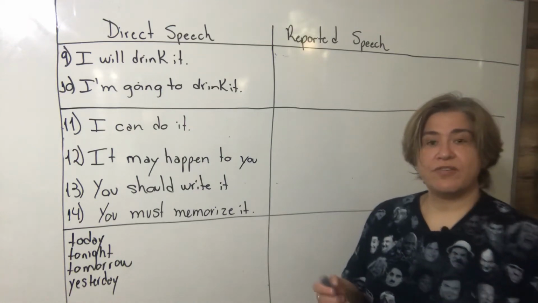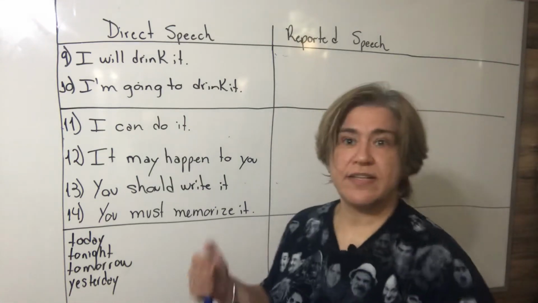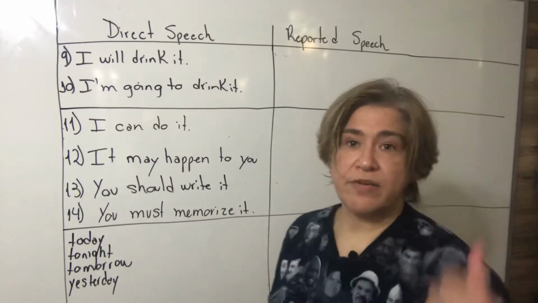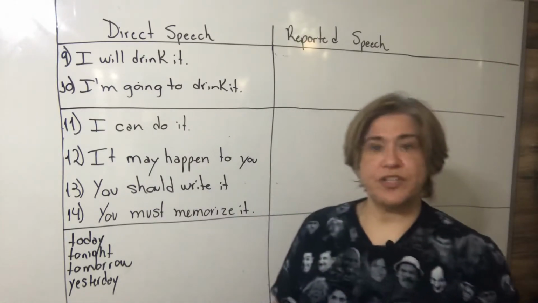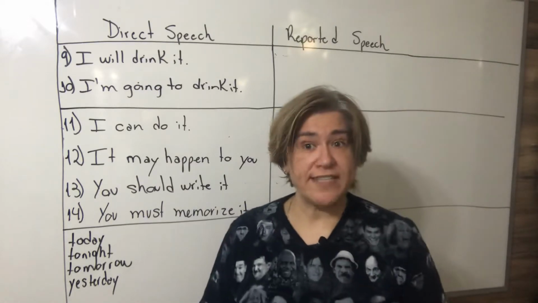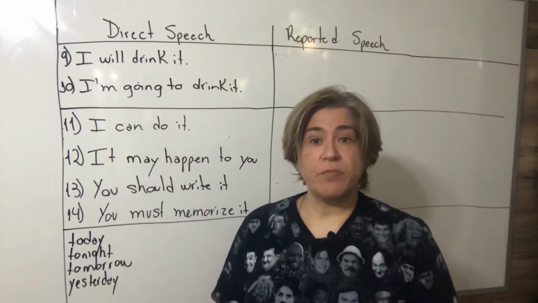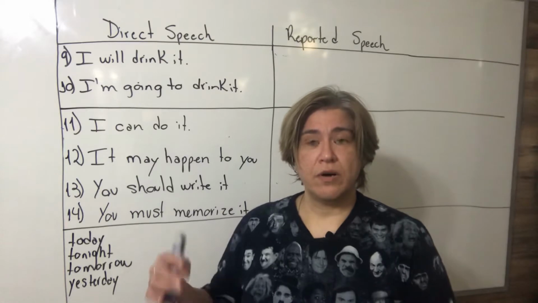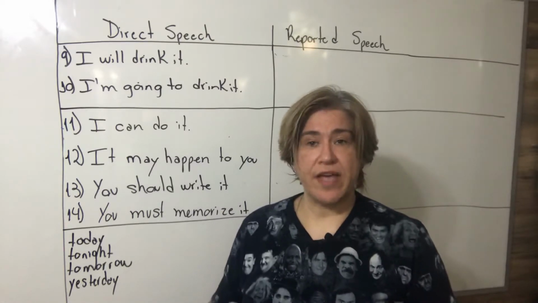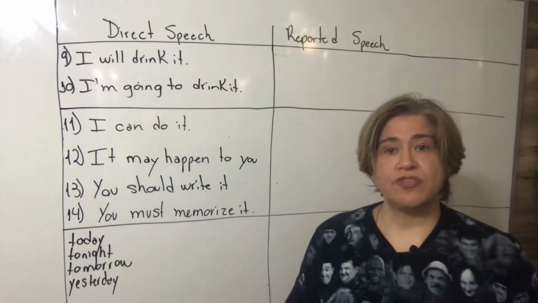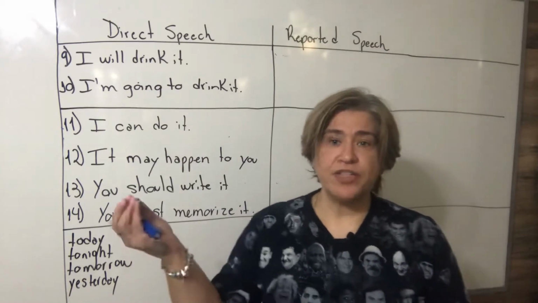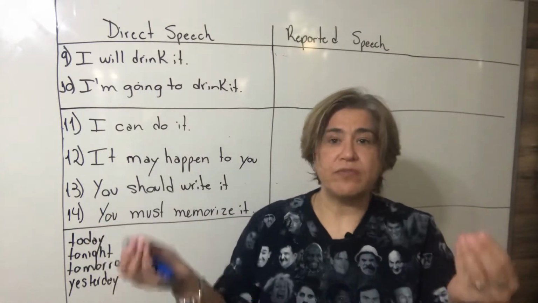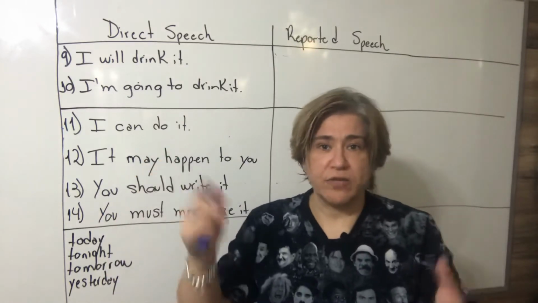All right, so let's continue that table you had already seen in the previous video, okay? Remember, what the teacher is doing here is not reporting sentences. I am going through all the verb tenses we have already studied and trying to help you identify which verb tense is the past of which verb tense, okay?